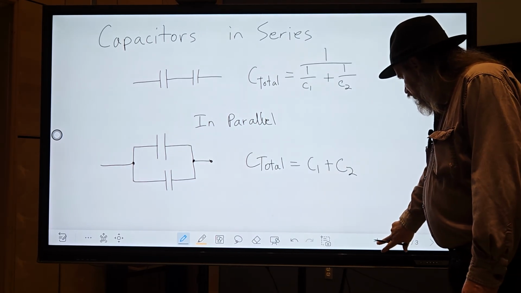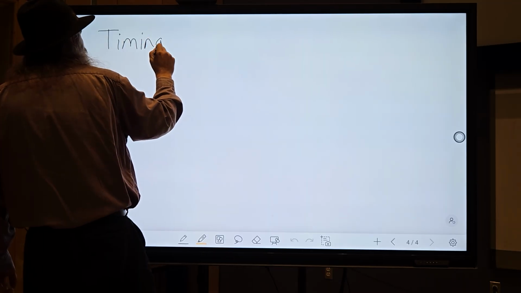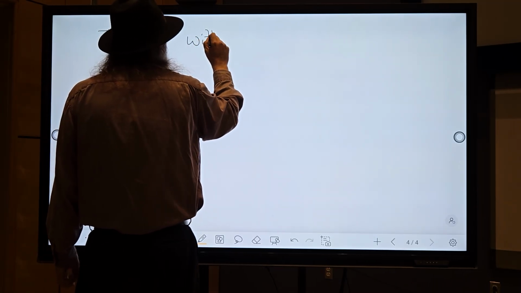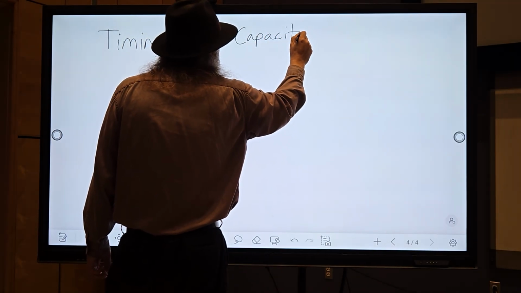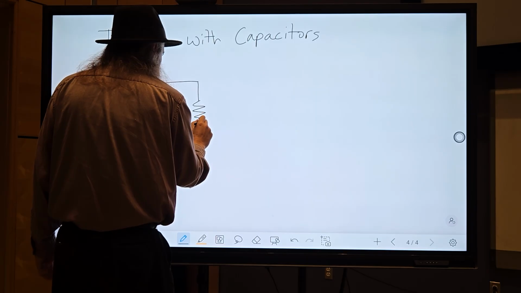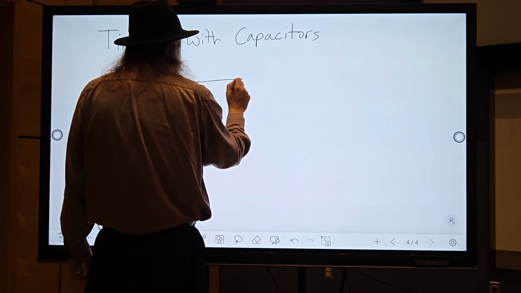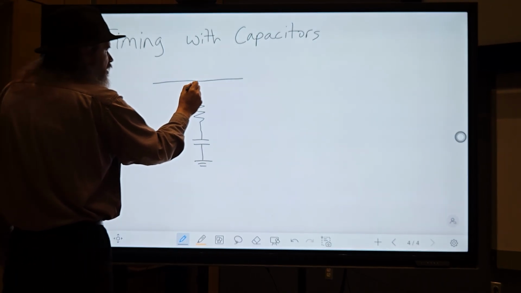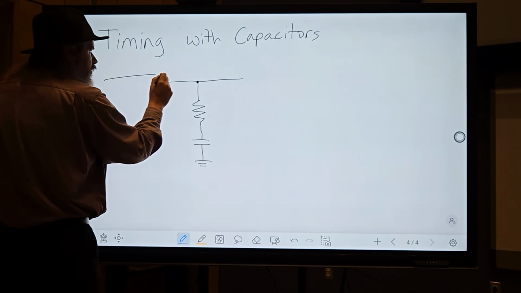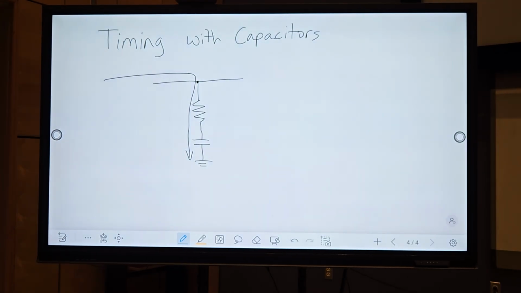One of the ways that capacitors are used are in timing. If you have a circuit that has a resistor and a capacitor, and you have a current going this way, it will initially go toward ground until the... or is that, am I getting this backwards?